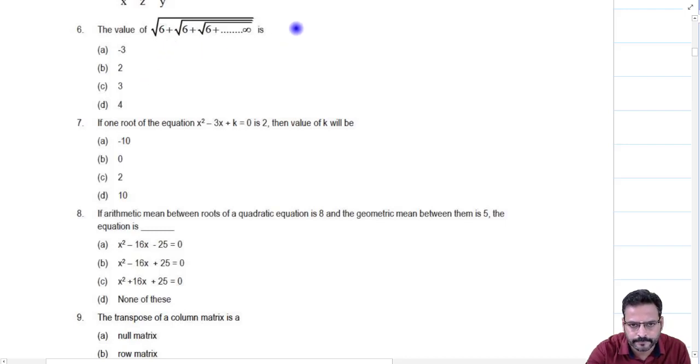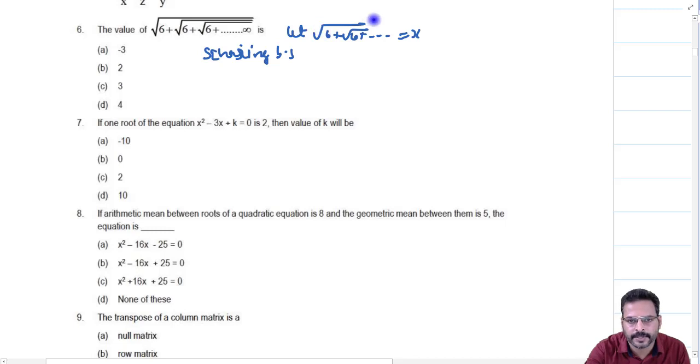Let root 6 plus root 6 plus up to infinity equal to x. Squaring both sides, the first root will be cancelled. That means 6 plus root 6 plus up to infinity, so this term will be equal to x. Only one 6 is gone from the root.